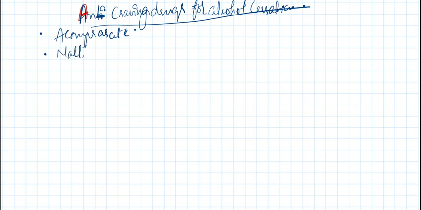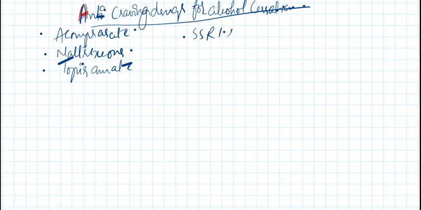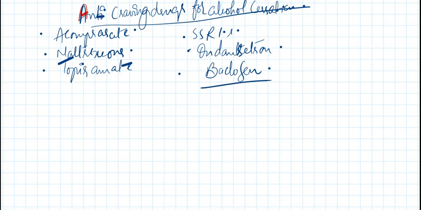Can anyone tell what is the drug of choice for opioid poisoning? Naloxone is given IV. Remember, it's the drug of choice. Topiramate. Next, SSRIs, selective serotonin reuptake inhibitors. Next, ondansetron, a 5-HT3 antagonist, which is an anti-emetic. Baclofen is a muscle relaxant.